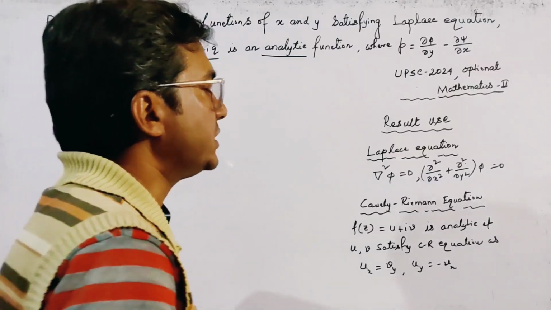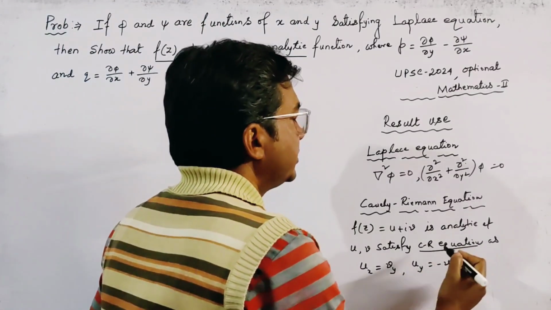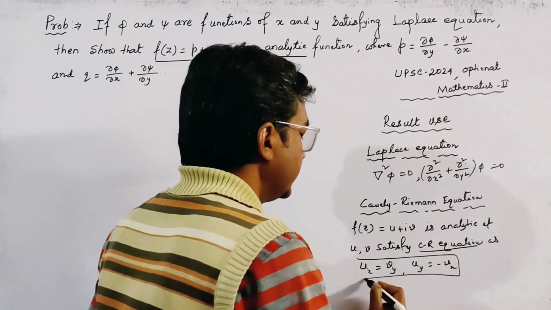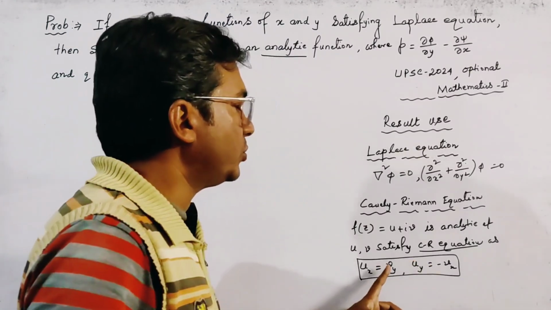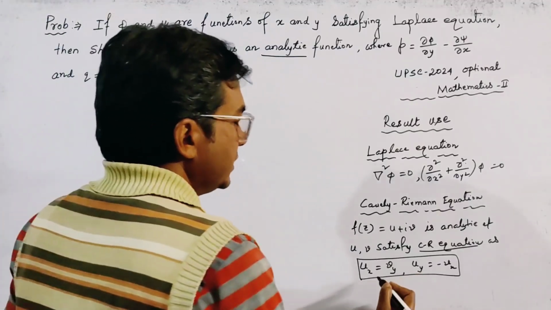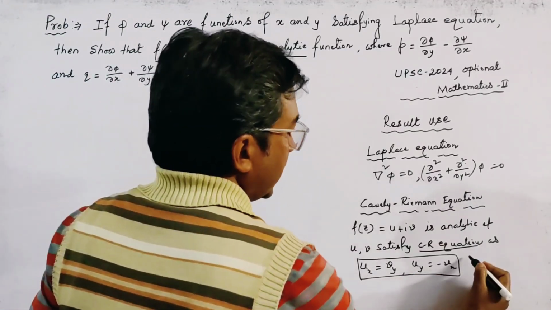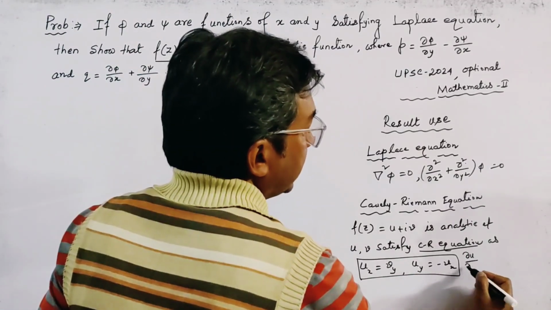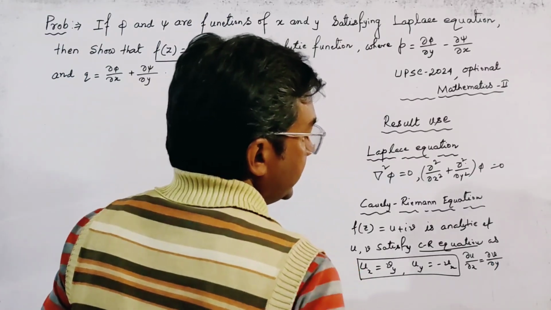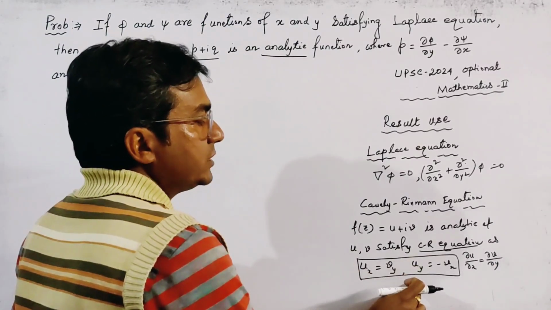What is the CR equation? This means ux equal to vy, and uy equal to minus vx. That is, we write this as del u by del x equal to del v by del y, and del u by del y equal to minus del v by del x. This is the Cauchy Riemann equation.